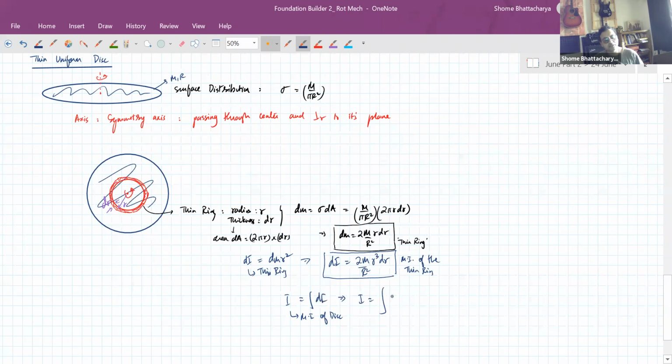So it's going to be integration of, from r equal to 0 for the ring which is smallest right at the center, to the largest ring coming out to the circumference, because remember this radius is capital R. So small r, the radius of these thin rings, is going from 0 to capital R. So next step, this integration becomes very simple. 2M by capital R square is constant. We can bring it outside.